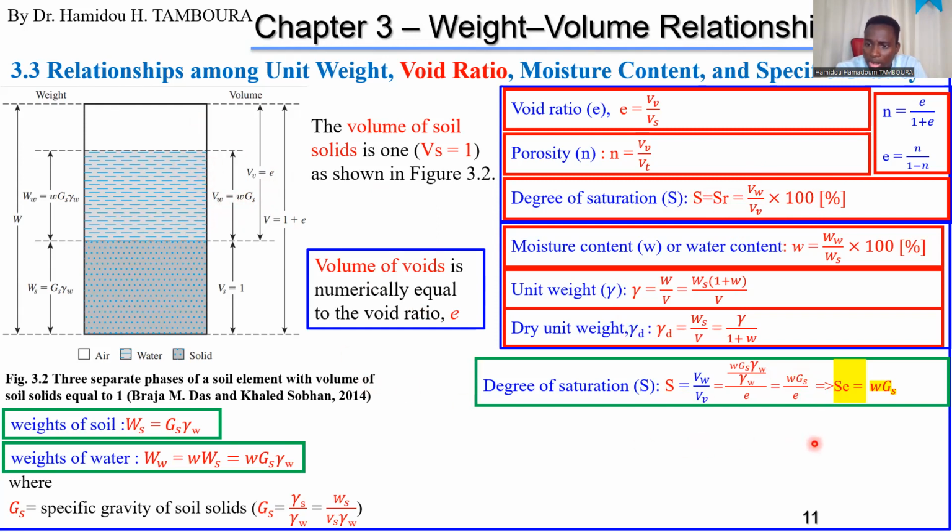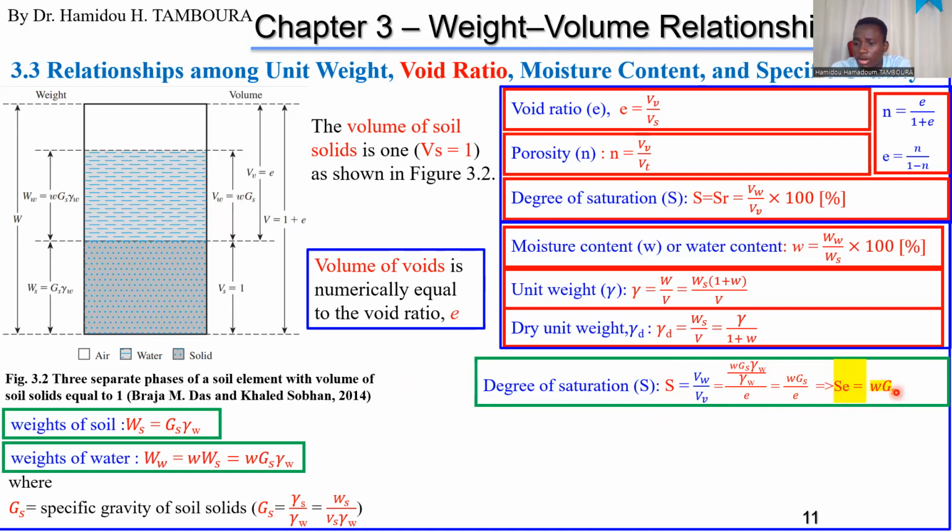Okay, and we can go from this formula, we can estimate it, because S, degree of saturation, is equal to w Gs divided by e. So from S equal this, we can obtain this formula.